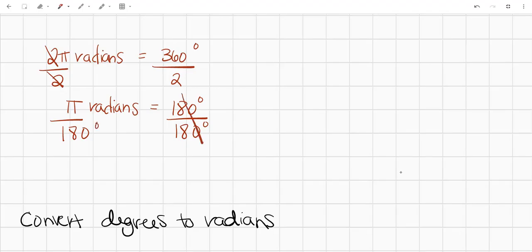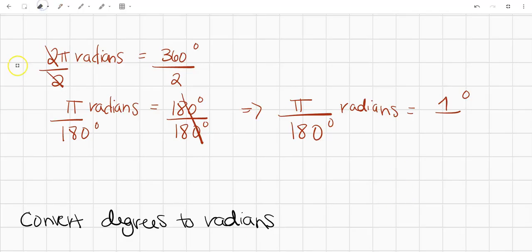Okay, so this means that pi over 180 radians is equal to 1 degree. Actually, I forgot to, my point right here, it's not degrees, just 180. Okay, so using this, we can now convert degrees to radians.